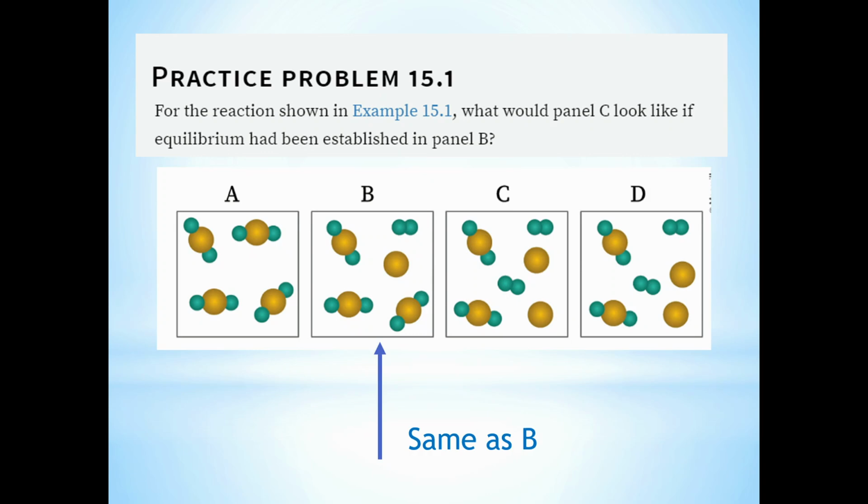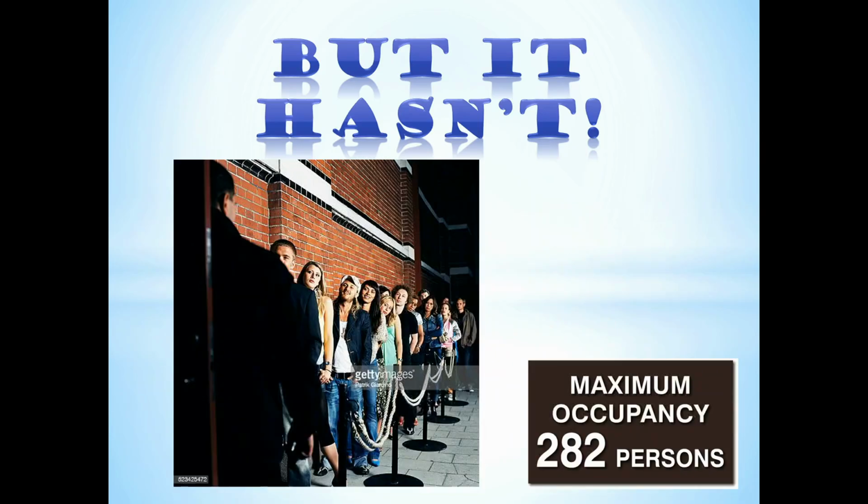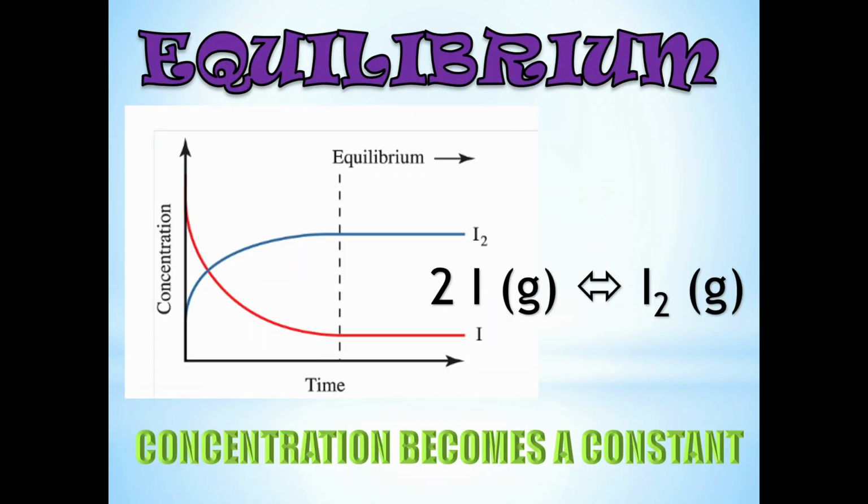So this is the equilibrium point. The equilibrium point is the point in which rate forward equals rate reverse, and the reaction looks like it is stopped, and the concentration of both reactants and products becomes a constant. So this is the reaction of two iodine atoms making I2. I create I2, I remove I, until those concentrations become a constant.